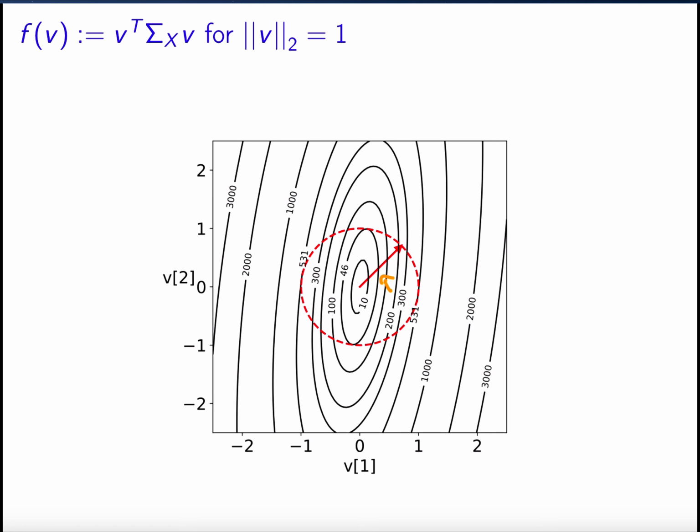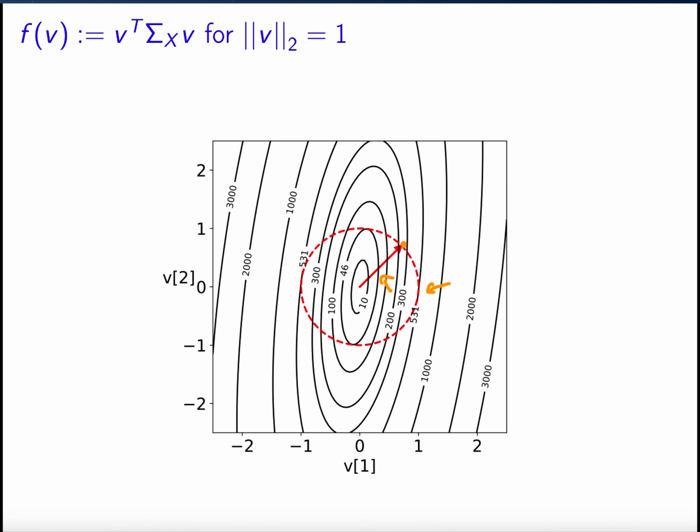It goes from the southwest to the northeast, and it has L2 norm equal to 1, which is why it's on this circle. This circle contains all the vectors that have L2 norm equal to 1. These contour lines give you the sample variance for each of those values. This one would be 229.